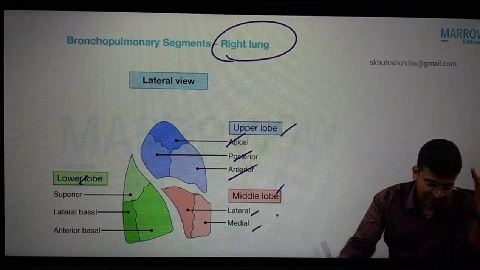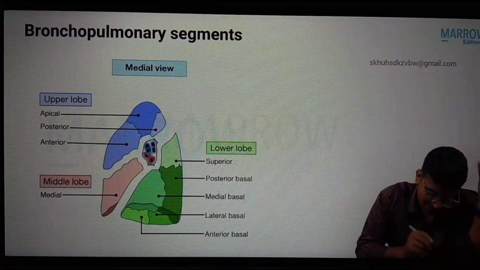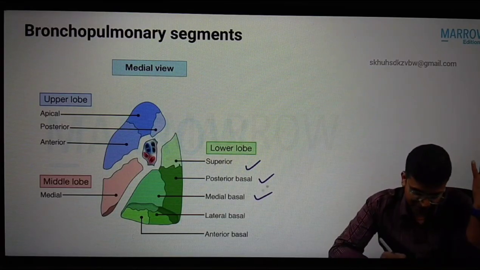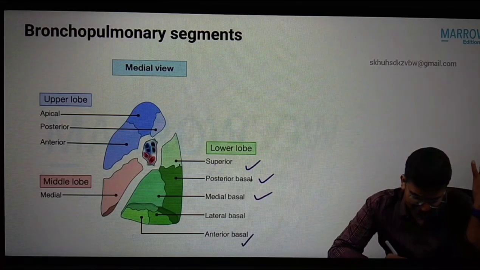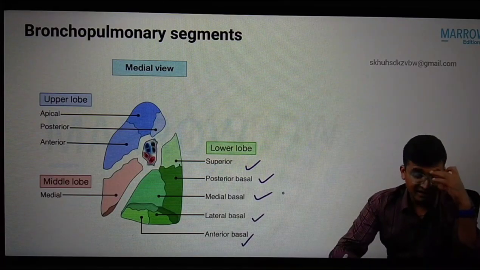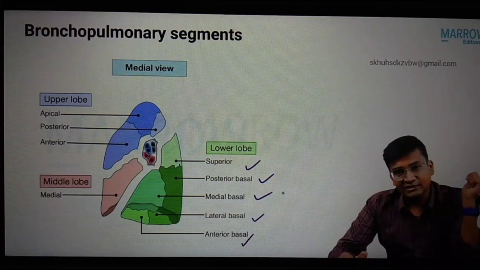Lower lobe, we have 5 segments: superior, anterior basal, lateral basal, posterior basal, and medial basal. So these are the segments present in the right lung.